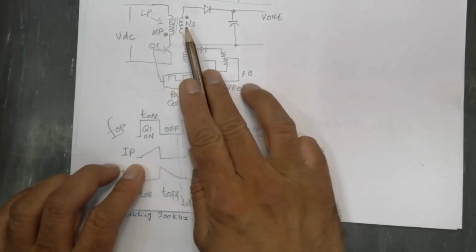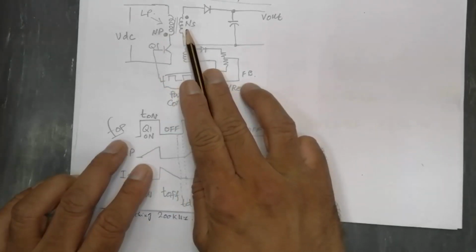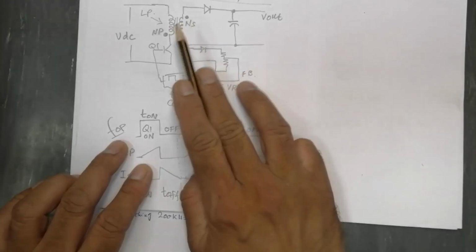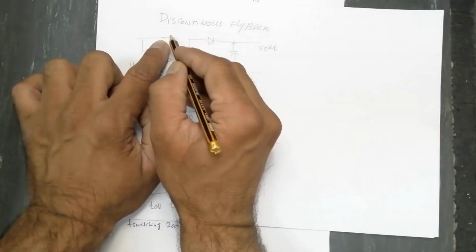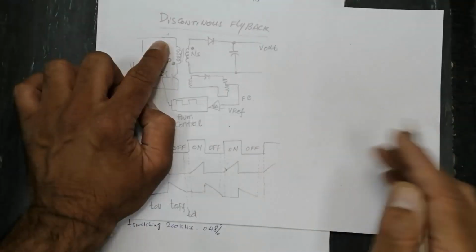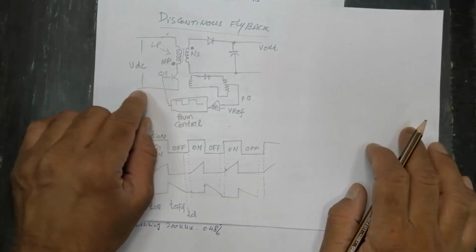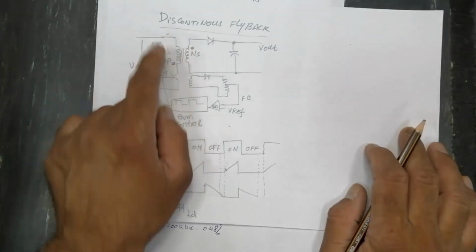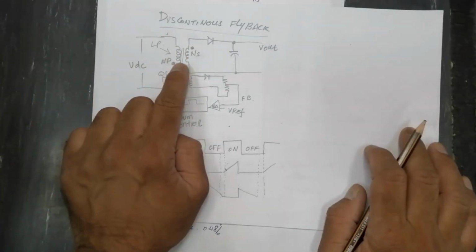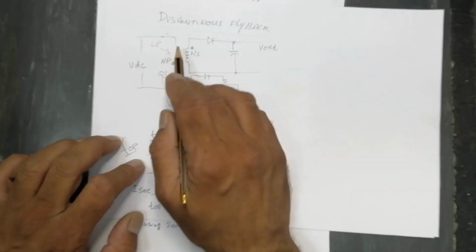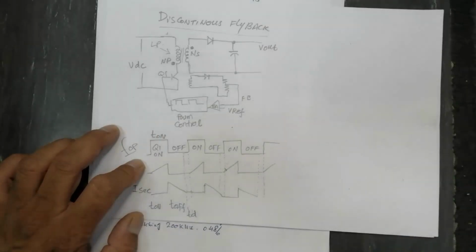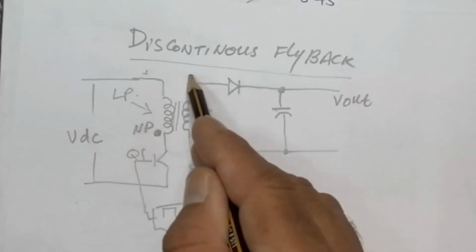But the secondary is 180 degrees out of phase. So if this end is positive, this end will be negative, because this transistor allows switching and it starts to build a magnetic field. Due to the opposite winding, if here is positive, this end will be negative.